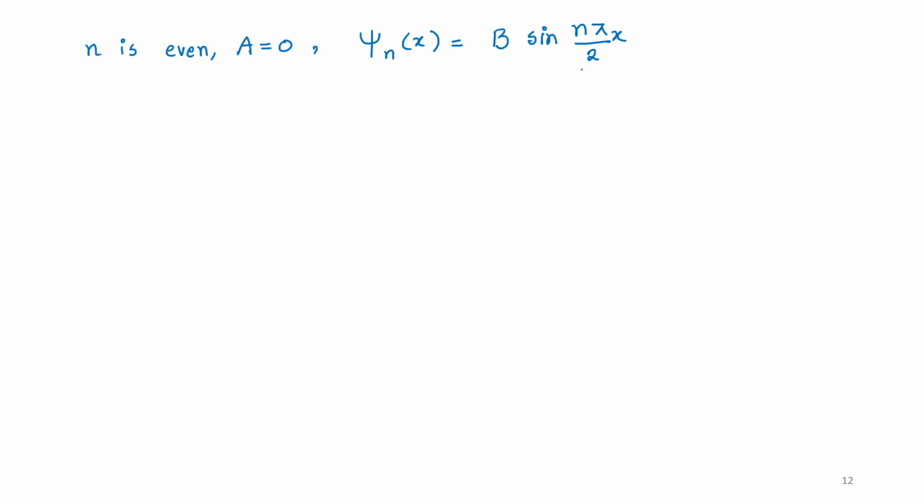So when n is odd, then my B is 0, then my wave function will be A cos n pi x by 2.